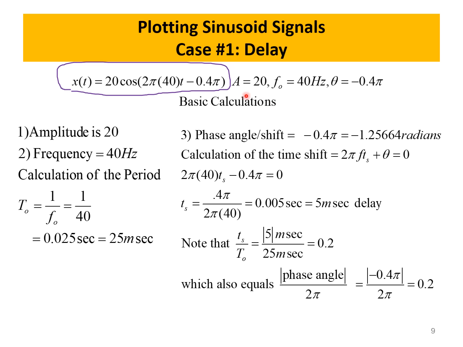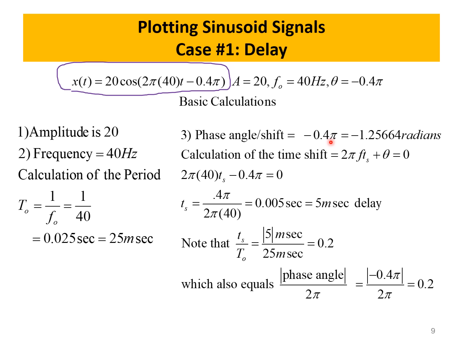And your phase shift is minus 0.4 pi, right? So the basic calculation, frequency 40, the period is 1 over f, right? So how many seconds do we have in a complete cycle? That's 25 milliseconds. The phase angle shift, that's your minus 0.4 pi. That's your angle or phase shift, but you can write it in radians by multiplying 0.4 by 3.14, the pi.